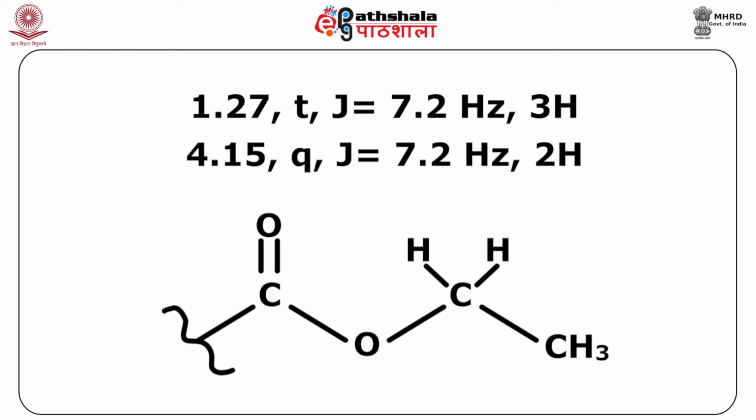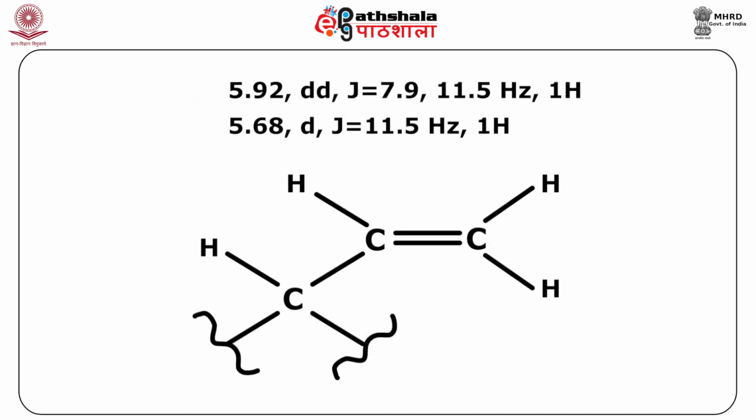As we can see, this is able to show a quartet at 4.15 with a coupling constant of 7.2 Hertz. Similarly for the other methyl group, there is the 1.27 triplet with a coupling constant of 7.2 Hertz. The J values of 11.5 and 7.9 Hertz are for the cis protons and the vinylic protons respectively, as shown in the given structure.